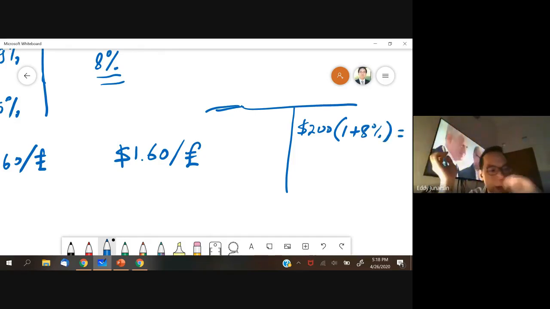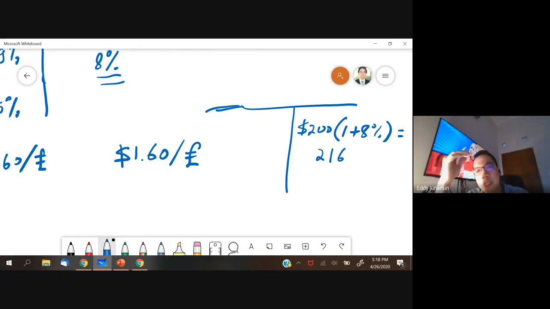So you have to pay 216. 200 is the principal and 16 million is the interest charge or interest expense, with a simple calculation.